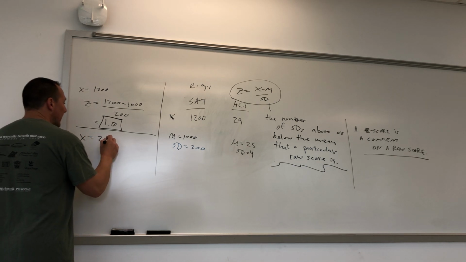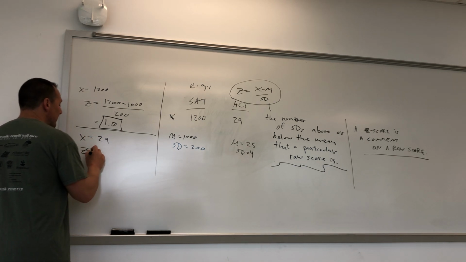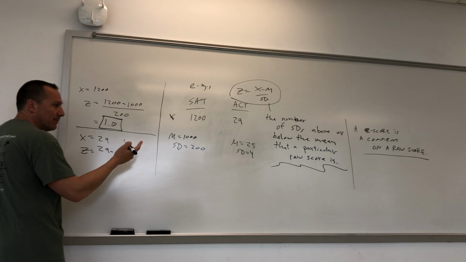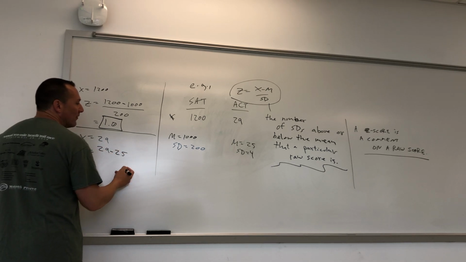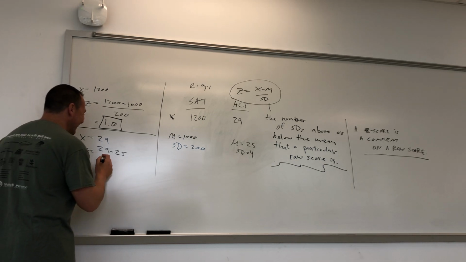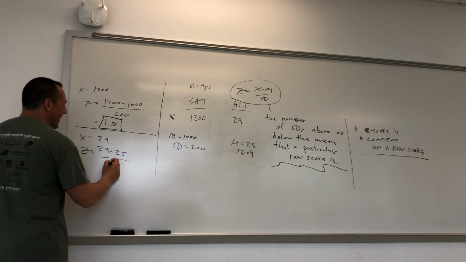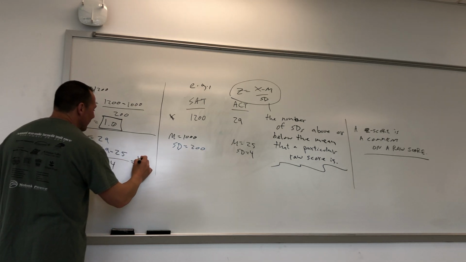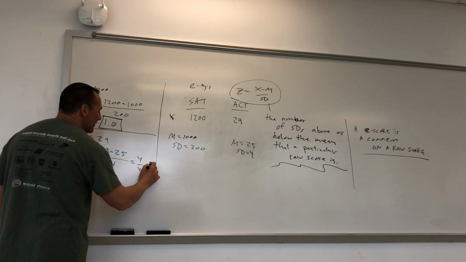X equals 29. Z equals the particular raw score of interest, 29, minus the mean, which is 25. Oh, look what happened. You see what happened? Oh man, this is interesting. Divided by 4, which is the standard deviation, which equals 4 over 4.